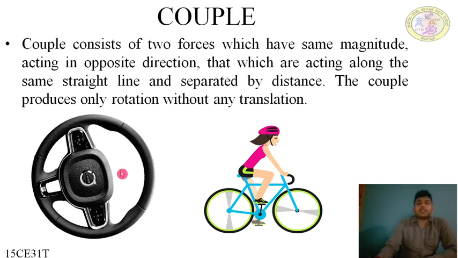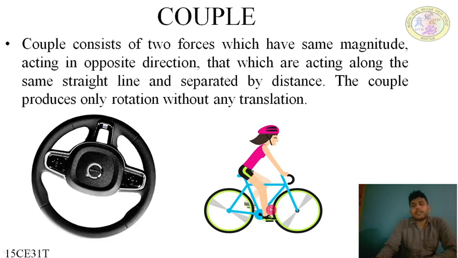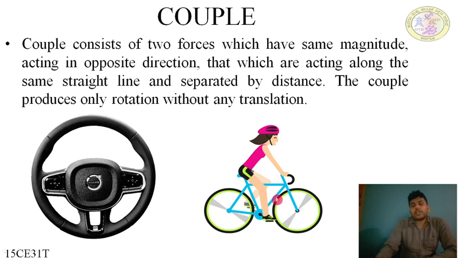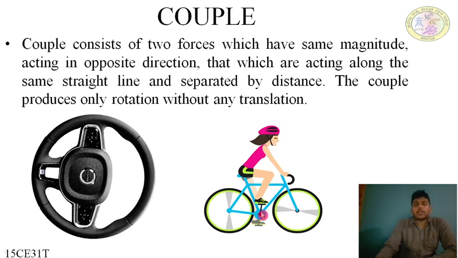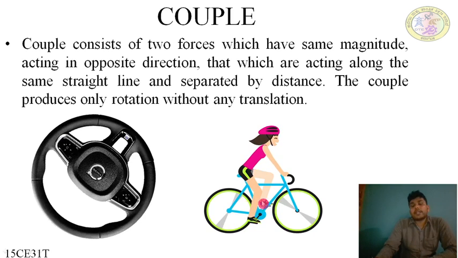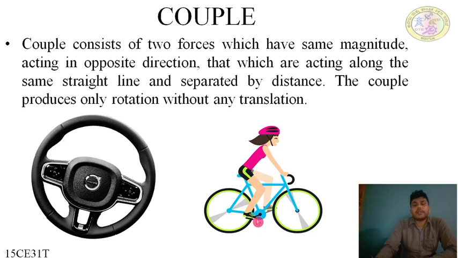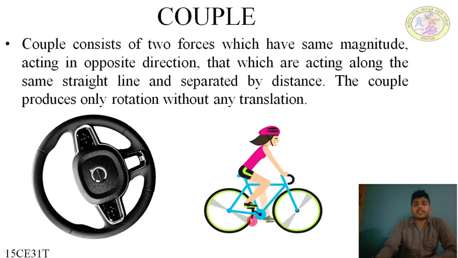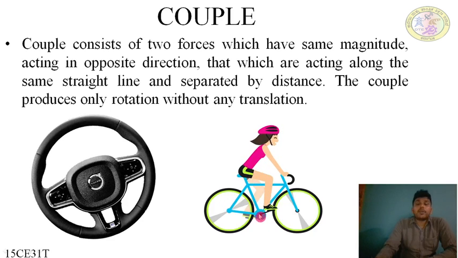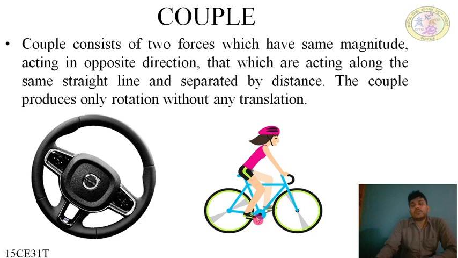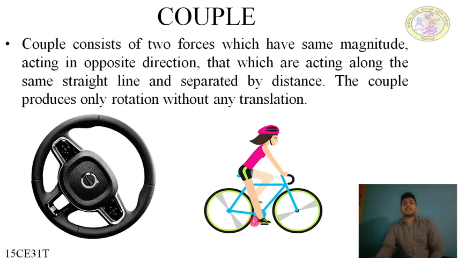In the second illustration, the figure shows that rotational effect takes place when cycling the paddle, which has two different forces in opposite direction. It produces a rotational effect where the two forces are at a certain distance apart.